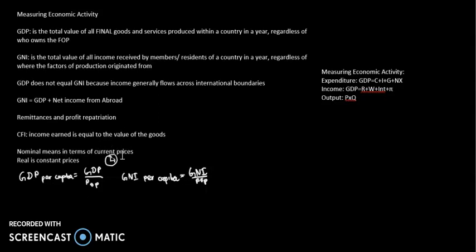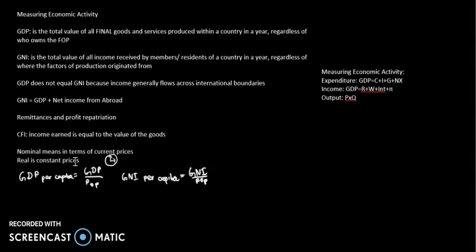However, when prices rise, the value of all goods and services increases, but that does not necessarily mean that we're producing more. So we need a more accurate representation of whether we are producing more, compared to the past. Literally producing more, not that the value itself goes up. Because let's say a car cost 10K in 2010, and then in 2020 it cost 20K.